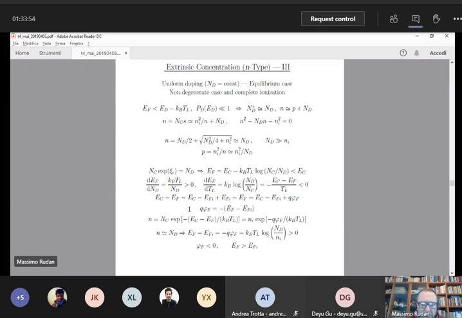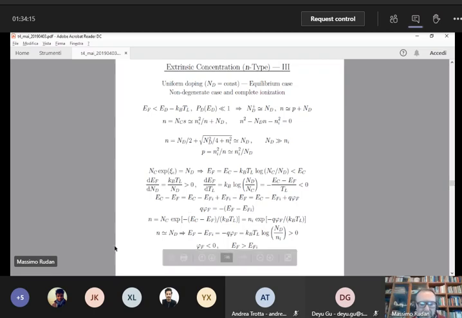So phi F is called the Fermi potential and defines the displacement of the Fermi level of the actual situation with respect to the intrinsic situation. Okay?